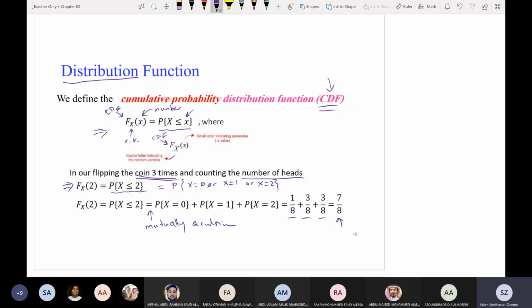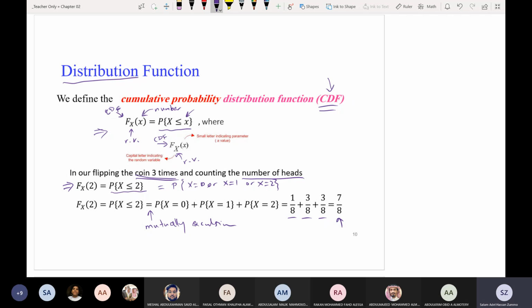We started last time, and we stopped at the notation. We said that the notation here is a little bit tricky. The F here refers to that this function is a CDF. It's a cumulative function. It's a distribution function. And the subscript capital X is the random variable itself.